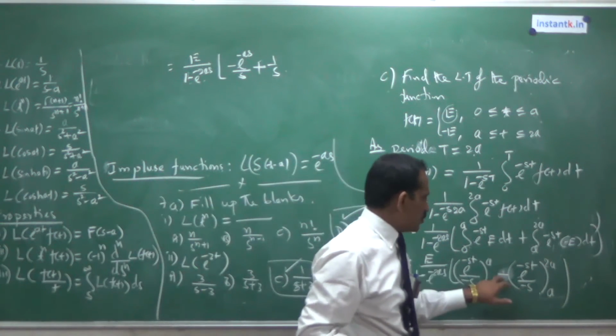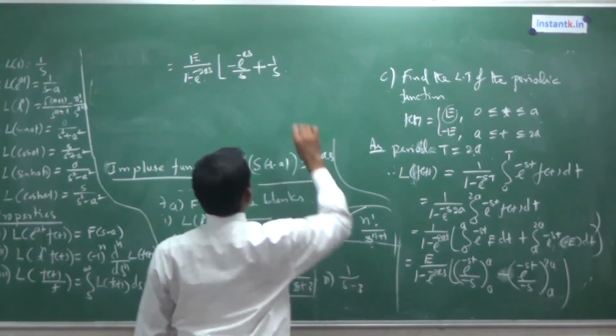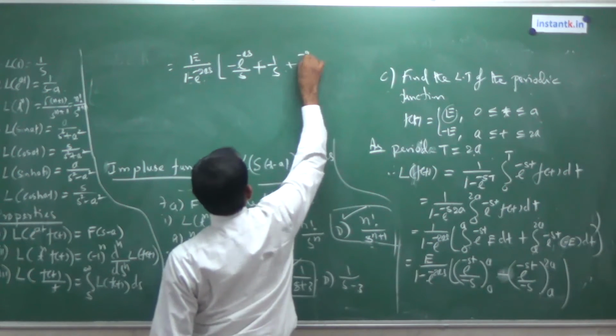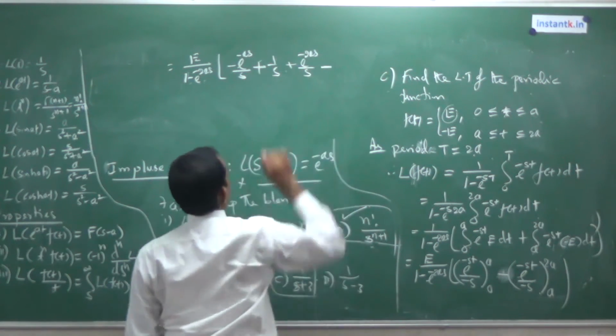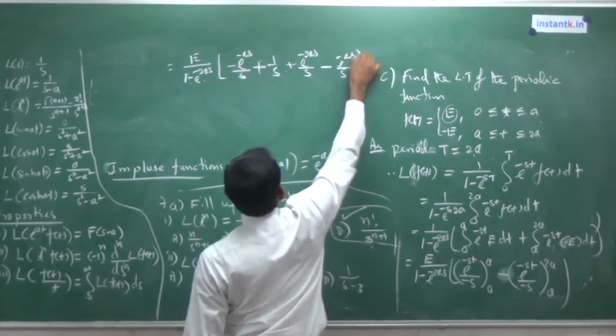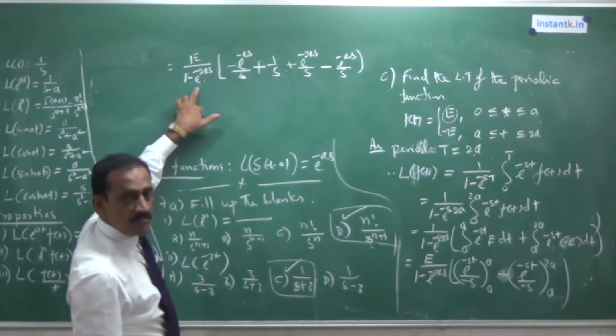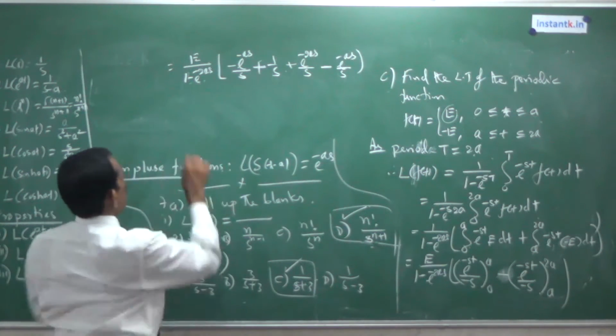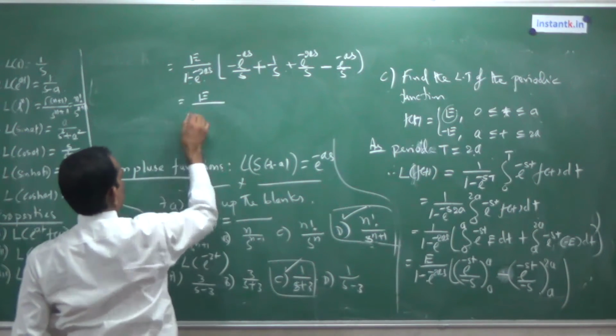For the second, the upper limit is e power minus 2as by s minus the lower limit e power minus as by s. Now here it is in the form a square minus b square, which can be written as a plus b into a minus b.